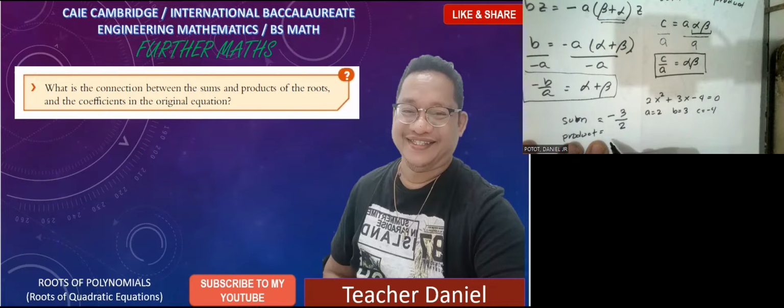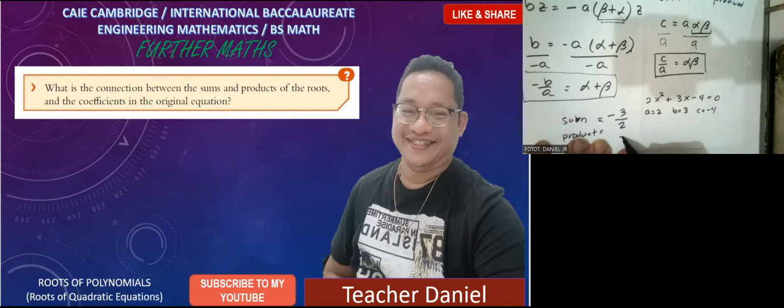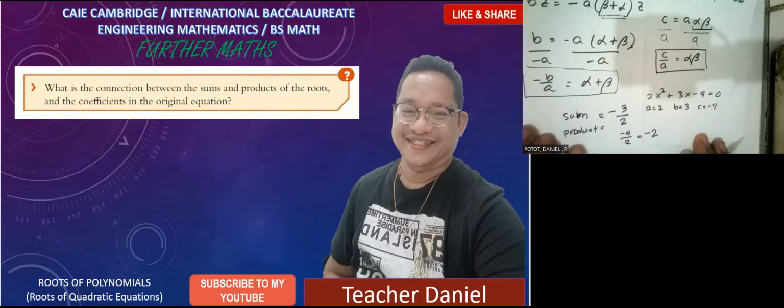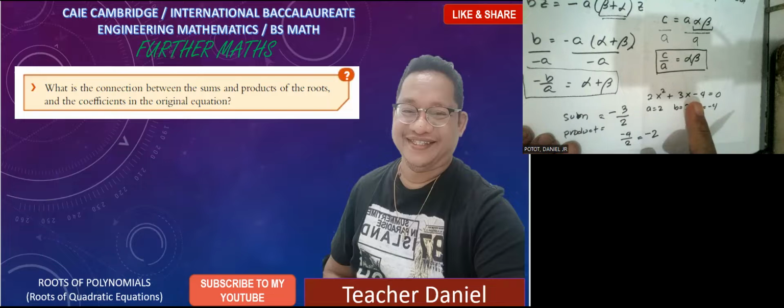And then we have the product. The product is c over a. Your c is negative 4 and your a is 2, so that's equal to negative 2. Again, that is the relationship between the sum and the product of the roots and the equation.